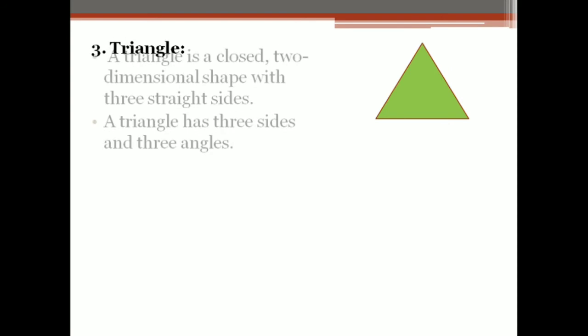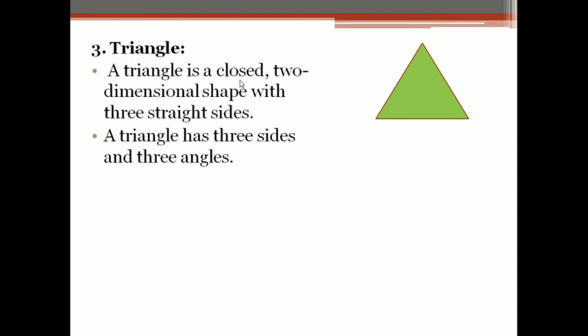Which shape is this? This is a triangle, right? A triangle is a closed two-dimensional shape with three straight sides. Now carefully observe the figure.